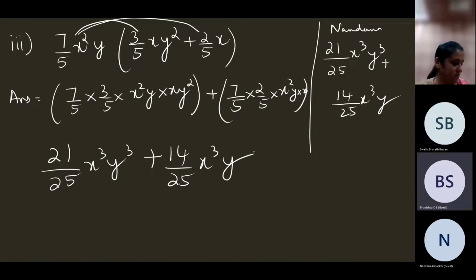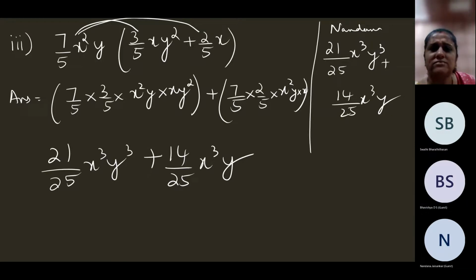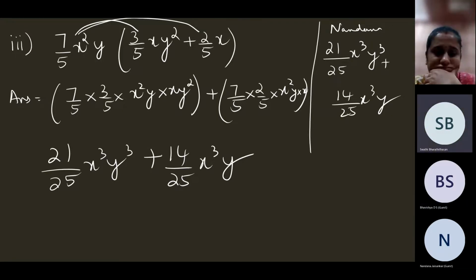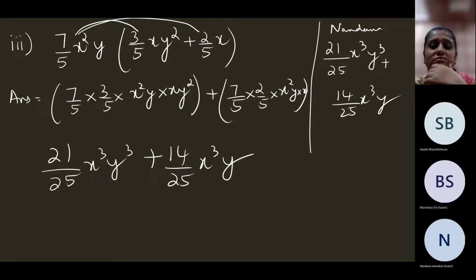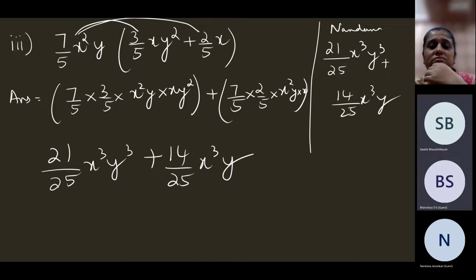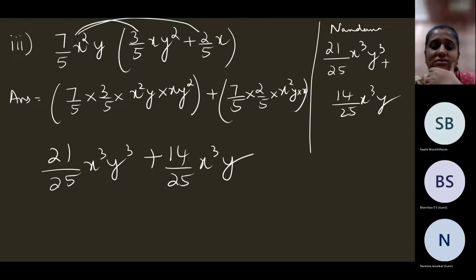Correct. Ma'am, I got the answer 35 by 25 x power 6 y power 4. Ma'am, simplified it's 7 by 5 x cubed y cubed. Bhavishya, yes.